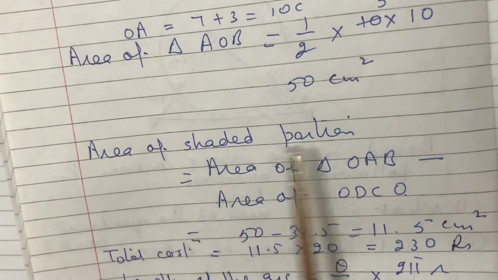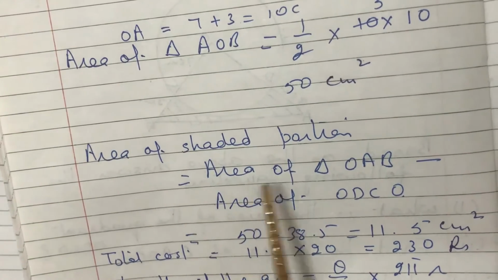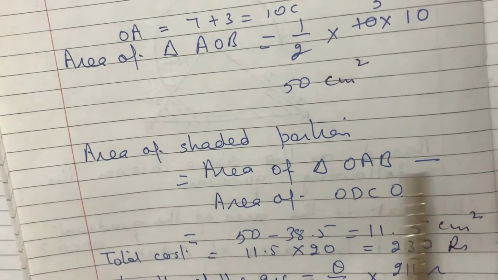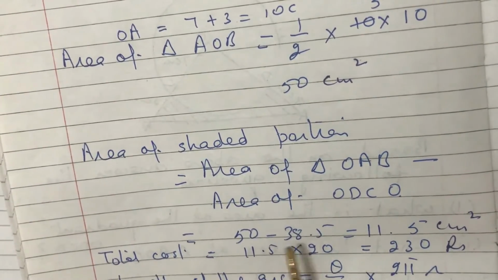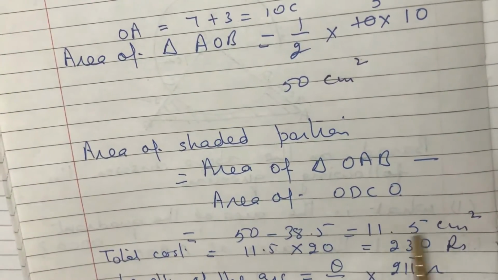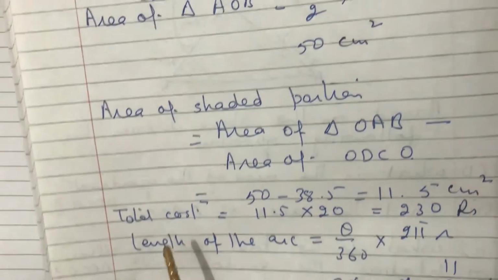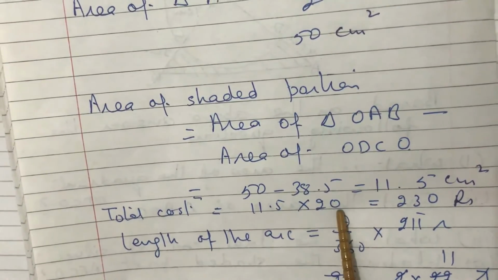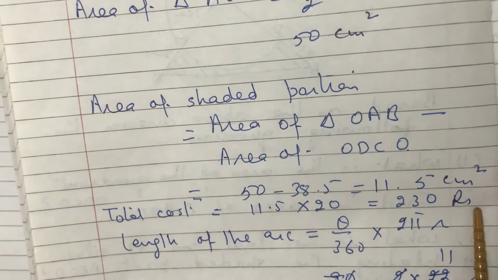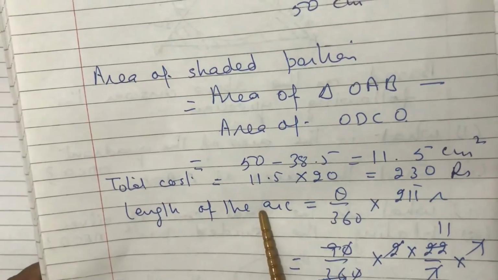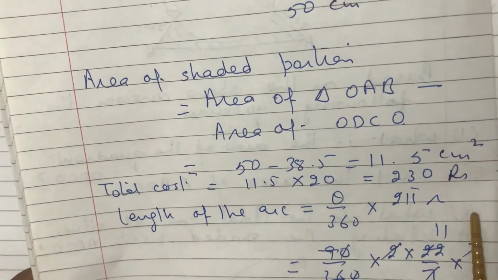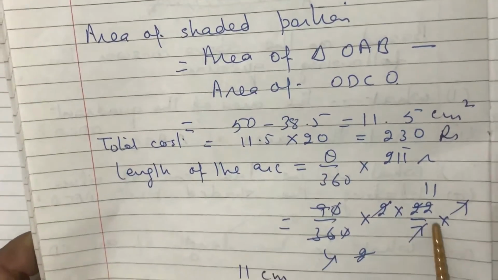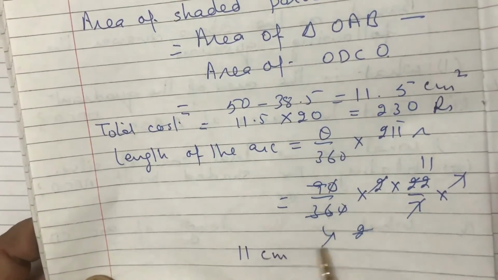Now area of the shaded portion is equal to area of triangle OAB minus area of quadrant ODCO. 50 minus 38.5, that is 11.5 centimeters square. Total cost 11.5 into 20, that is 230 rupees. Length of the arc is equal to theta by 360 into 2 pi r. Just substitute the values. You will get 11 centimeter.